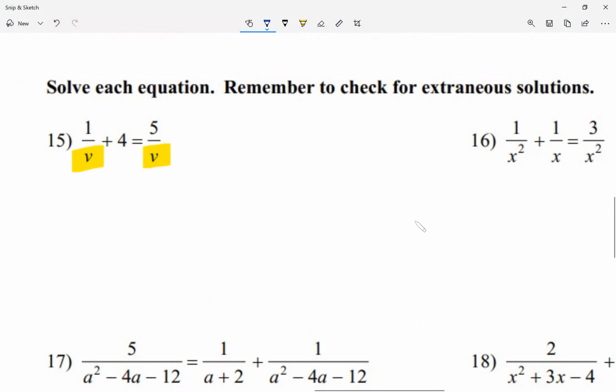So I can try any value, but V cannot be 0. The values that are not good are those that make the bottom equal to 0. So when it says remember to check for extraneous solutions, I'm going to get some possible solutions for V, but if one of those solutions is 0, I'm not going to accept it.